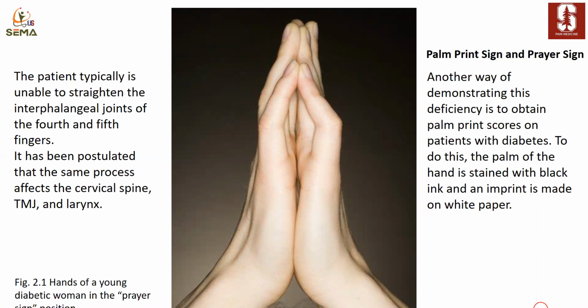Basically, you ask the patient to put their palms together, and you observe, mainly the fifth and the fourth interphalangeal joints. As you see in the picture, they don't touch each other. So someone can postulate that this patient has some joint disease, and you can postulate that it extends to the TMJ, the larynx and the cervical spine.